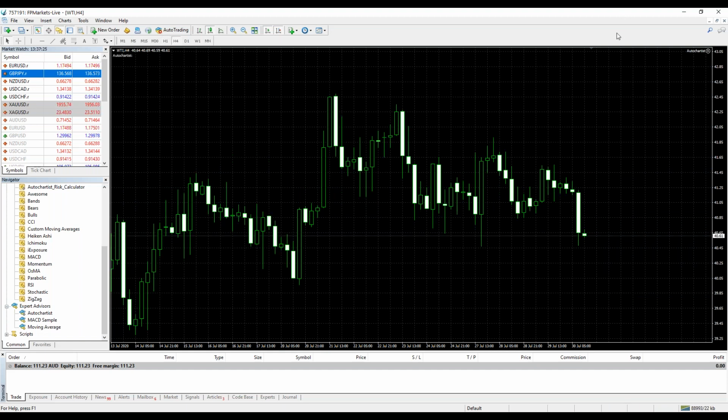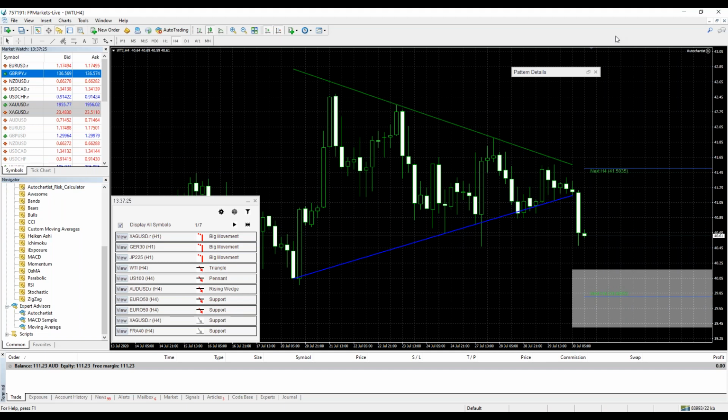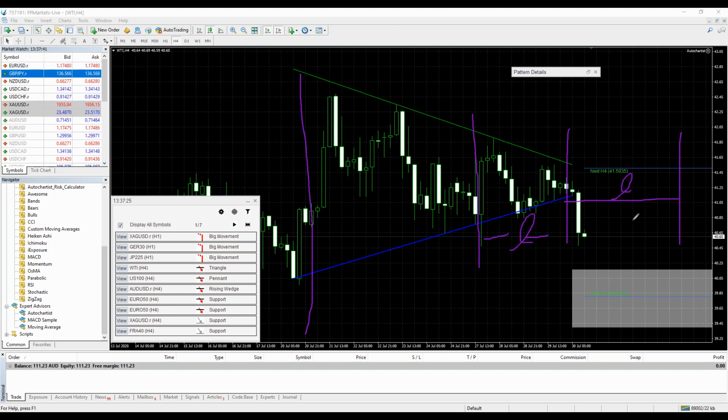If my chart pattern is approximately this long, I would look at about 1/3 the pattern length. So that's how much time I would give it to hit that level.